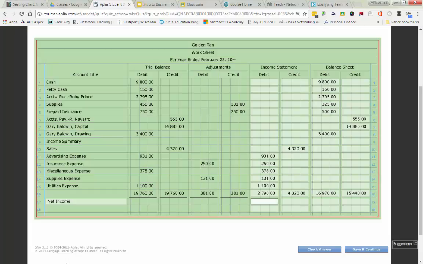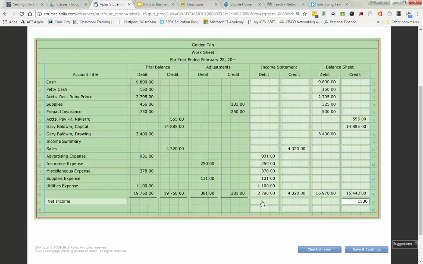Okay? So now, we said this is a net income. Would you agree? If it's a net income, does it increase or decrease owner's equity? Increase. So I'm going to put 1,530 on my balance sheet as a credit because it increases owner's equity.